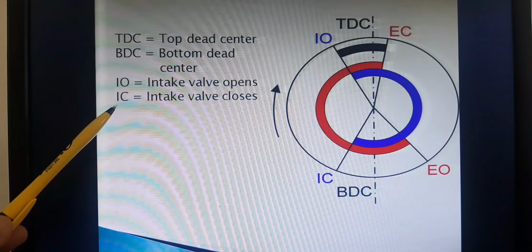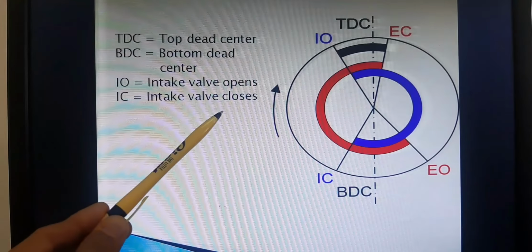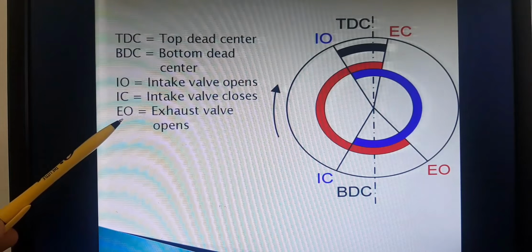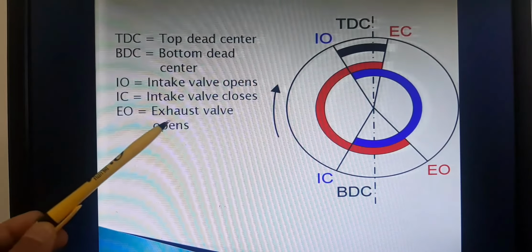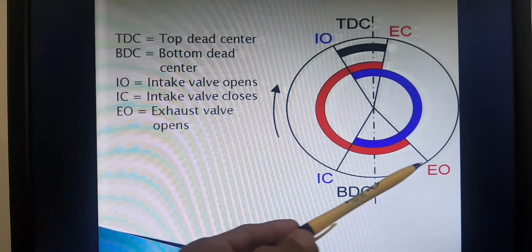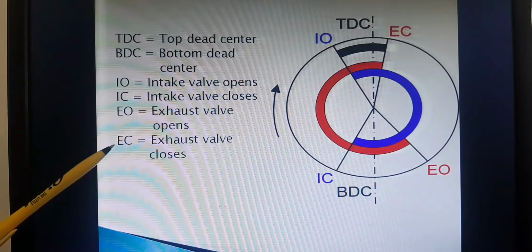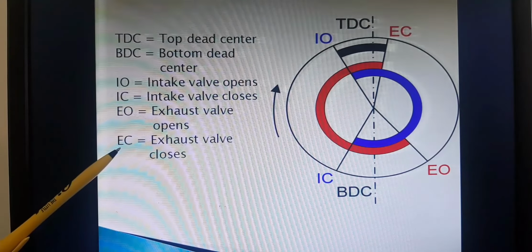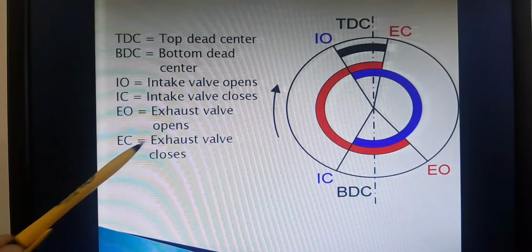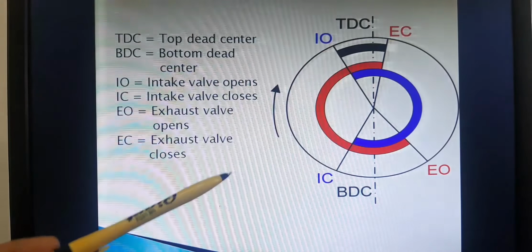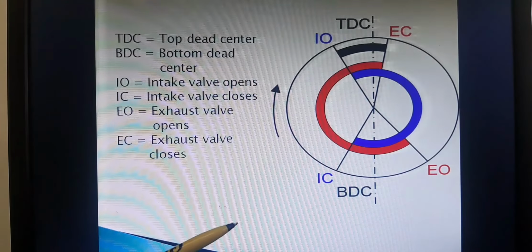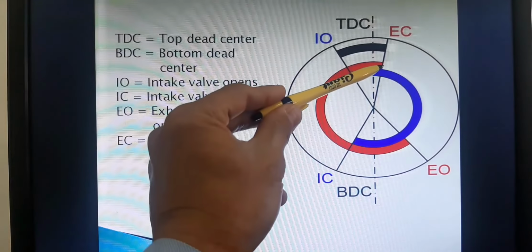Then we have IC, intake valve closes. Then we have EO, exhaust valve opens. And exhaust valve closes, which is EC. So where is our overlap? Okay, here it is.